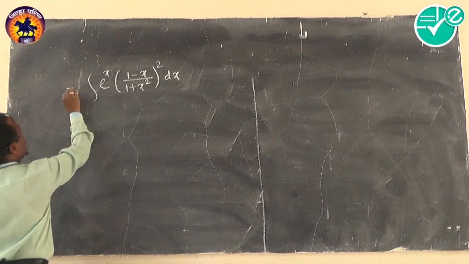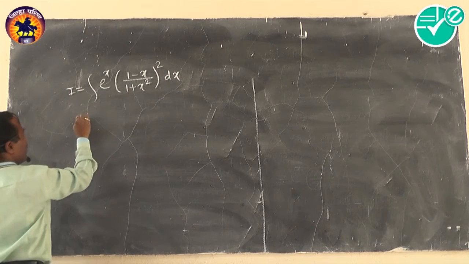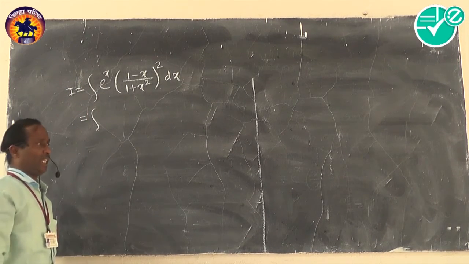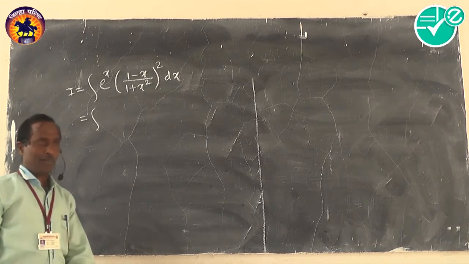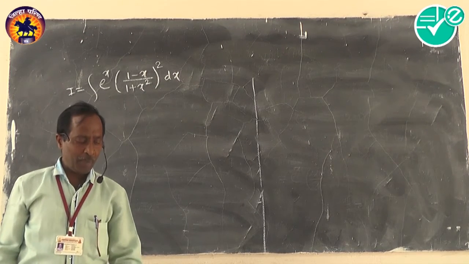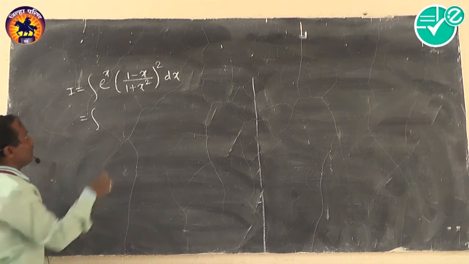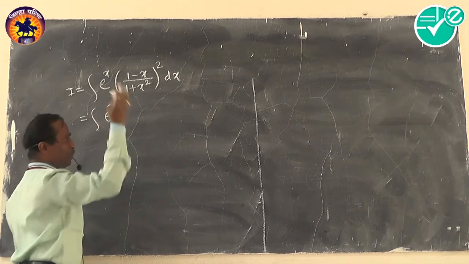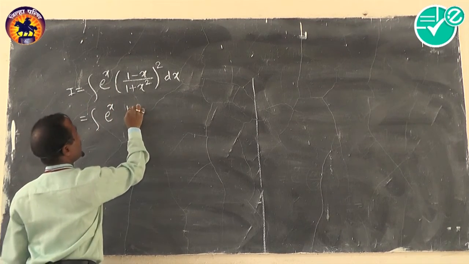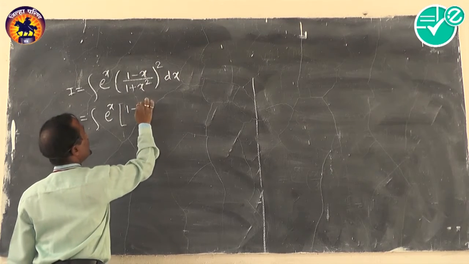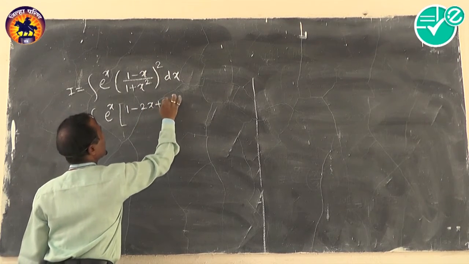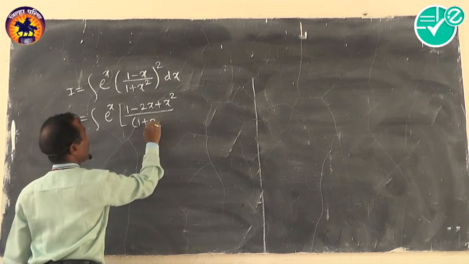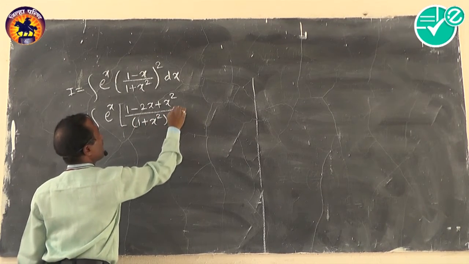Now this can be written by using the law of indices, (a upon b) to the power m can be written as a to the power m upon b to the power m. So (1 minus x) bracket square can be written as 1 minus 2x plus x square divided by (1 plus x square) bracket square dx.